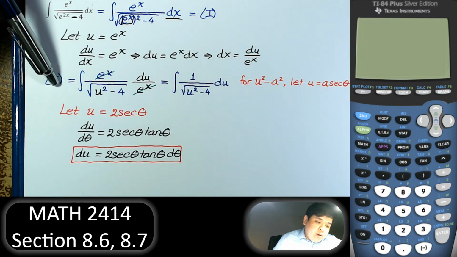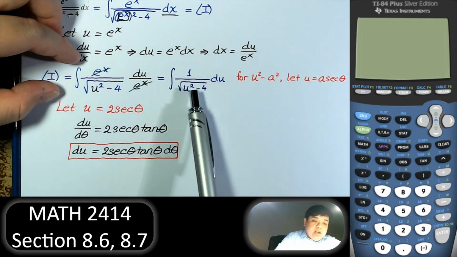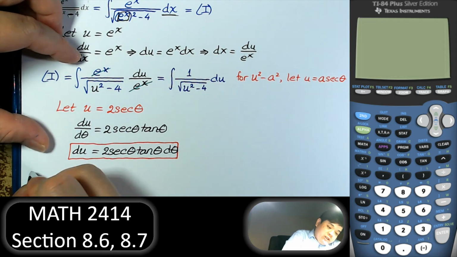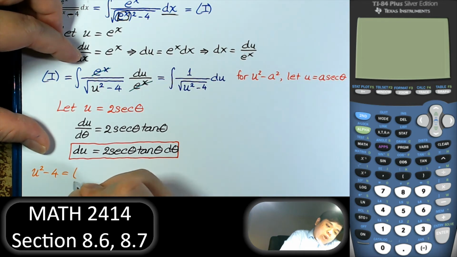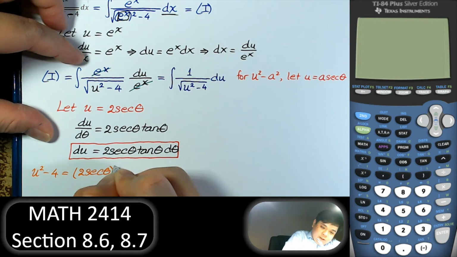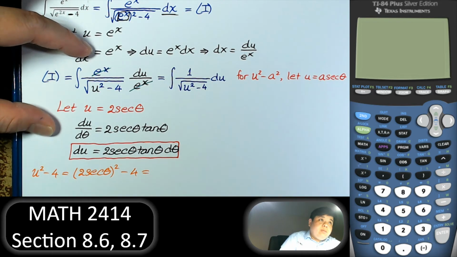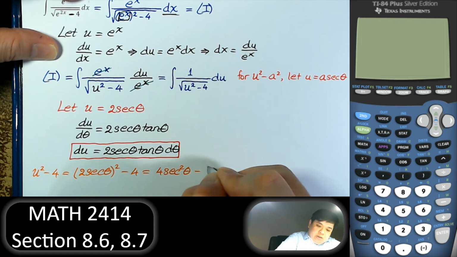Now, substitute back into our problem. Before we do that, as always, try to write u squared minus 4. u is 2 secant theta. And that gives us 4 secant squared minus 4.